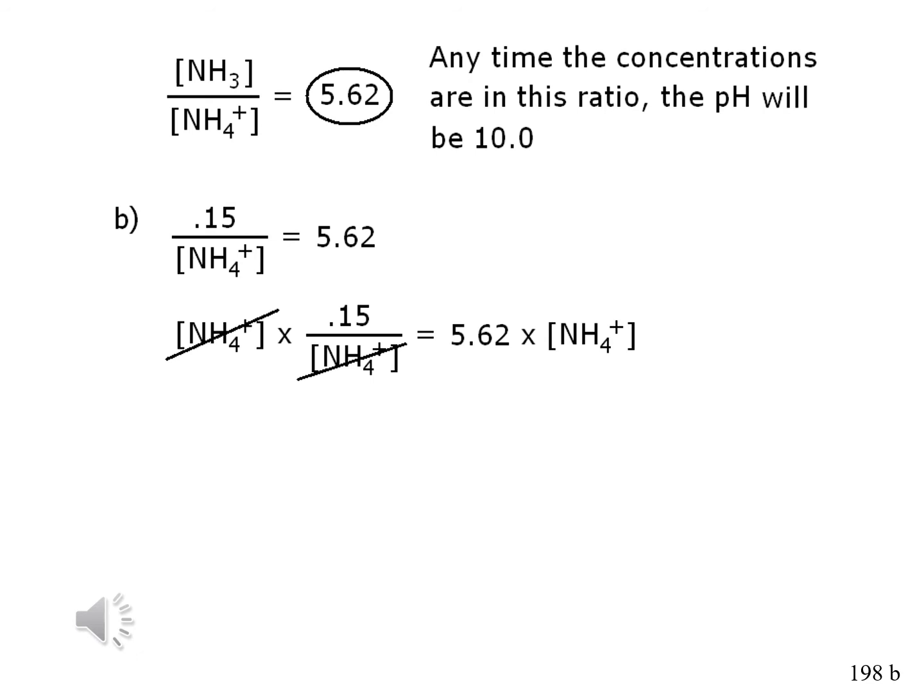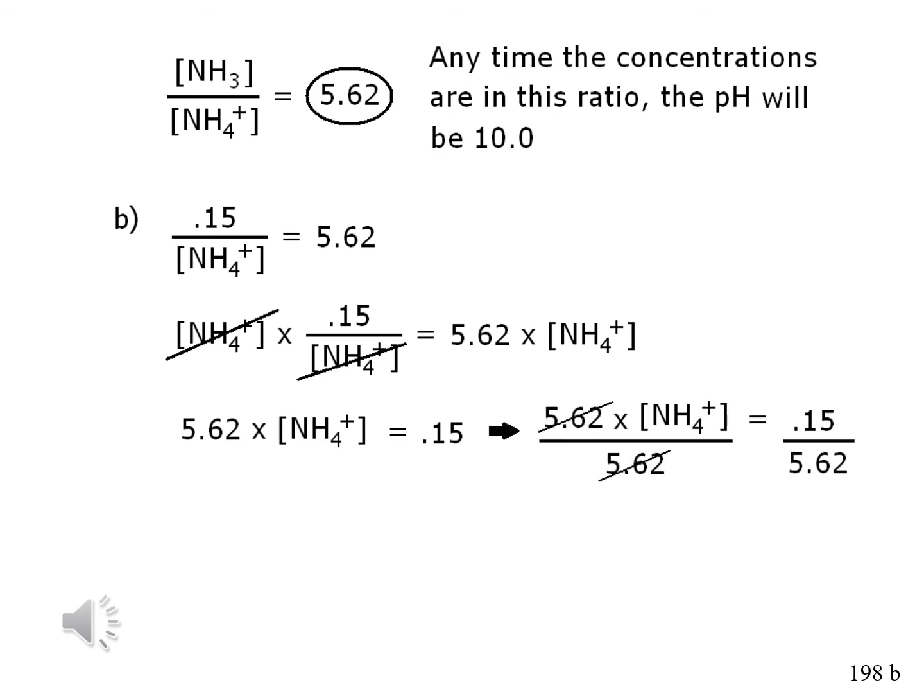I don't care how you do this problem as long as it comes out correctly, but I want to show you a very definitely idiot-proof method that will always get you the right answer. If you multiply both sides by the concentration, you'll cancel the NH4 plus. And I switched the 2 sides of the equal sign, so the variable's on the left. Then you can divide by what's next to the variable.